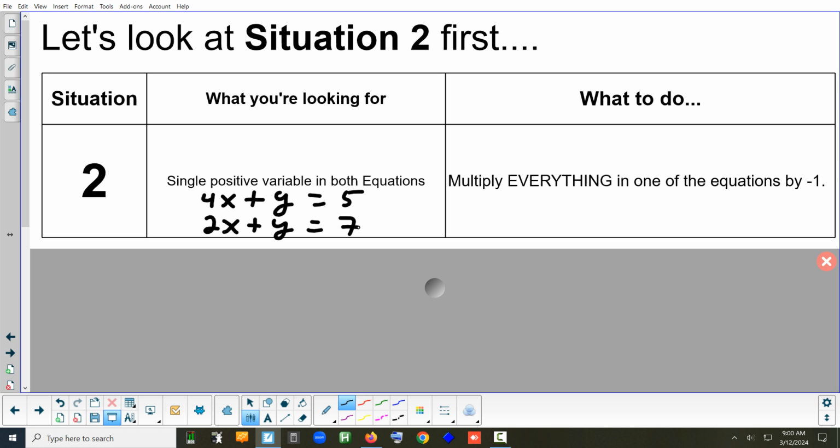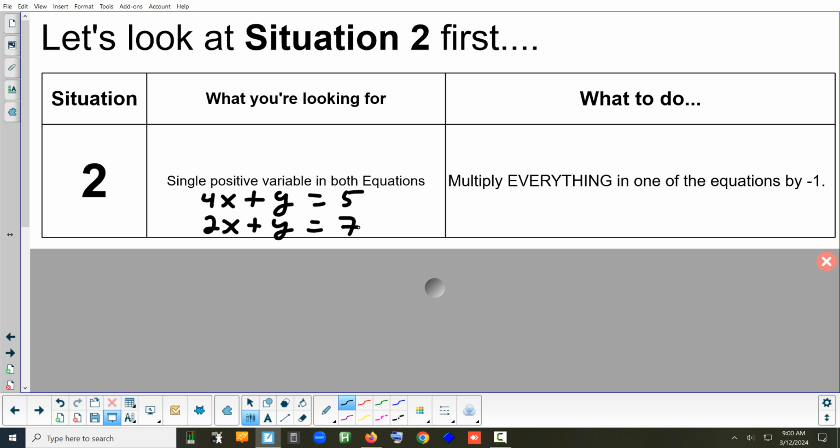We don't have same letter, same number, opposite sign, but we have something pretty close. We have same letter, y and y. What number is in front of each y, even though it's not written? 1. So we have the same letter, same number, same sign.